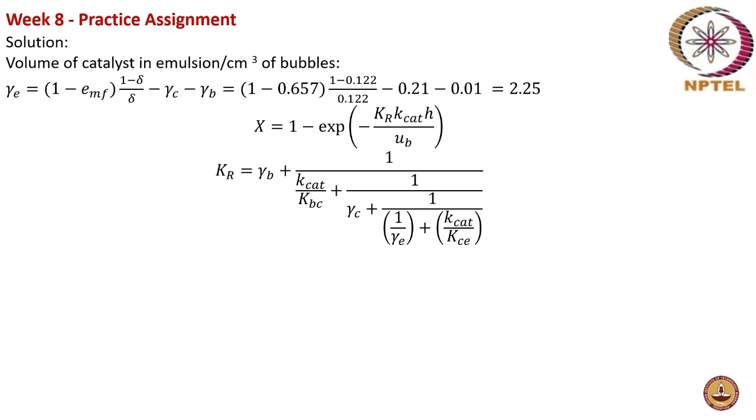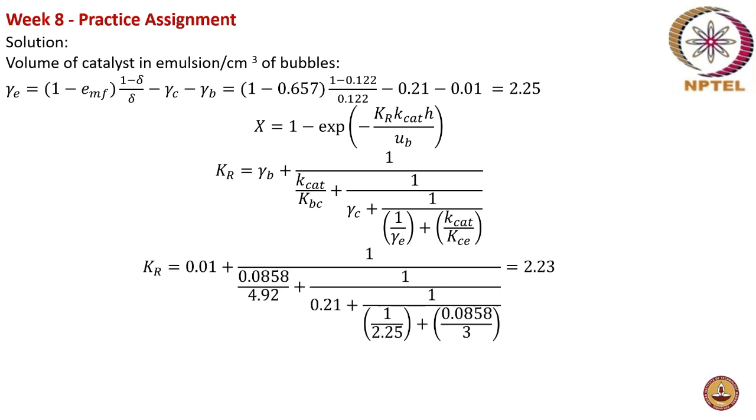And kr is given by this expression: kr is equal to gamma b plus 1 by k catalyst by kbc plus 1 by gamma c plus 1 by 1 by gamma e plus k catalyst by kce. So we have all the terms.